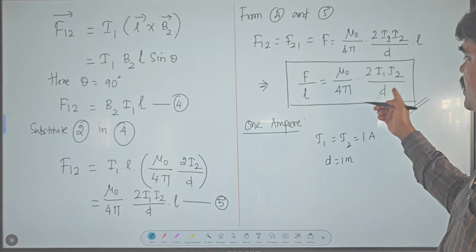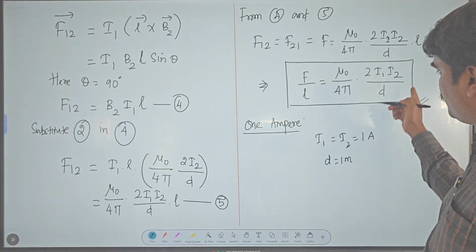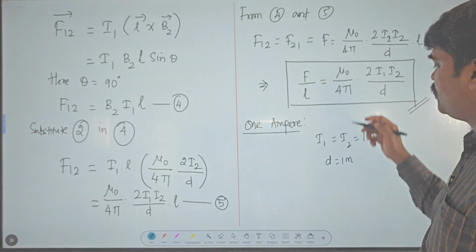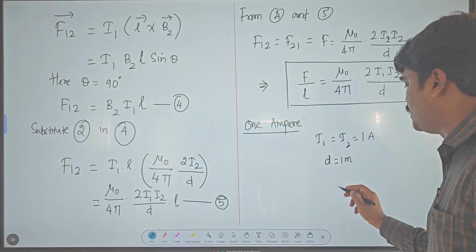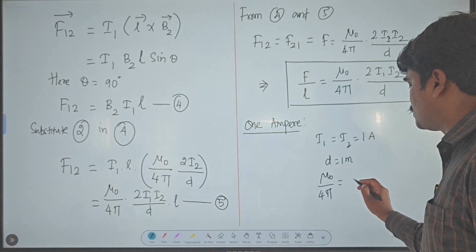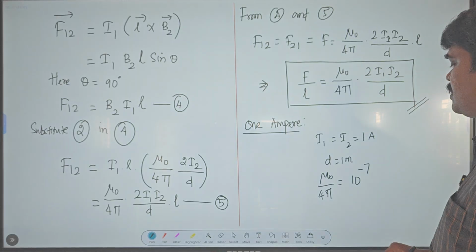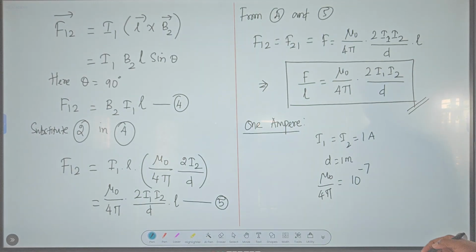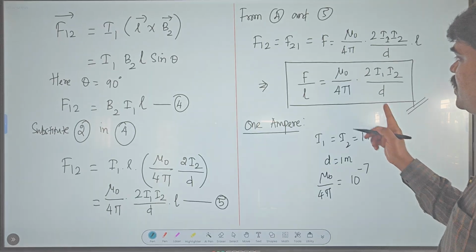If I take the distance as 1 meter, this entire term will be 1 itself. Then mu naught by 4 pi, we already know the value: mu naught by 4 pi equals 10 to the power of minus 7. Now by using all this, we can define 1 ampere.